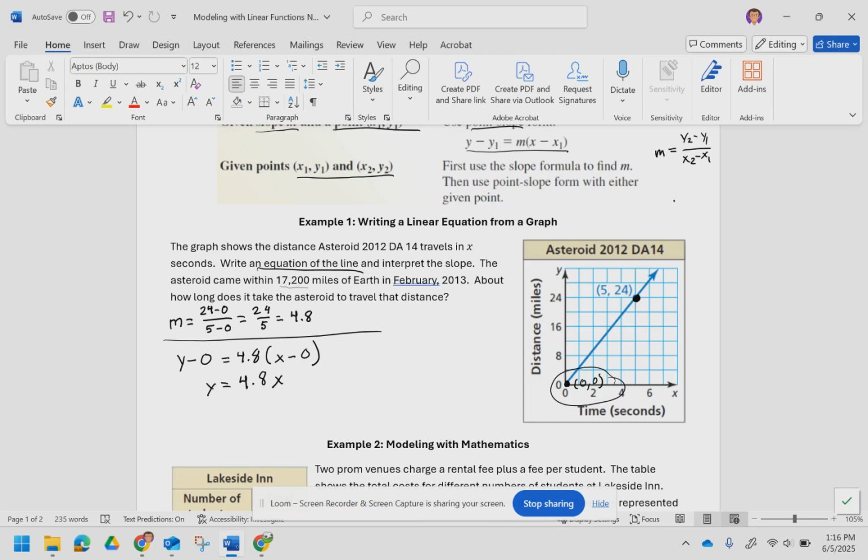So now we want to figure out how long does it take that asteroid to travel that distance. Okay, so our distance is our y value. So I want to figure out how long it takes to go this distance. So I'm changing y to 17,200, and we can solve for x.